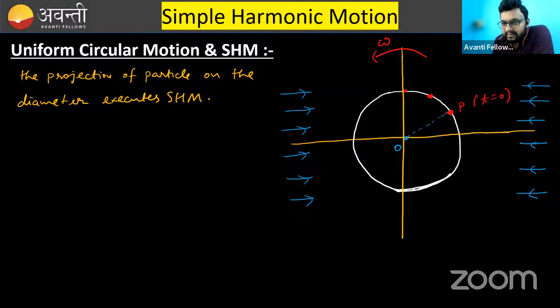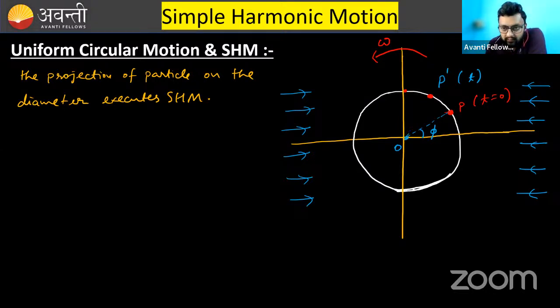Now what I am saying, let's suppose initially when the particle was at P at t equals 0, it makes an angle phi with the x-axis. Is it clear now? After that, it is moving with some velocity omega. Let's suppose it reaches a point P dash at time t.